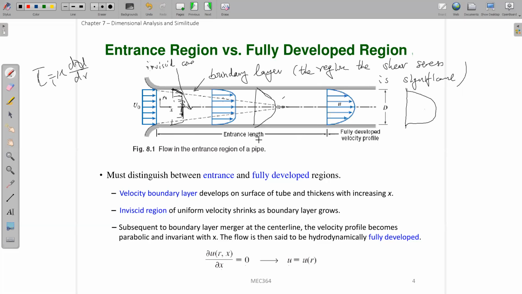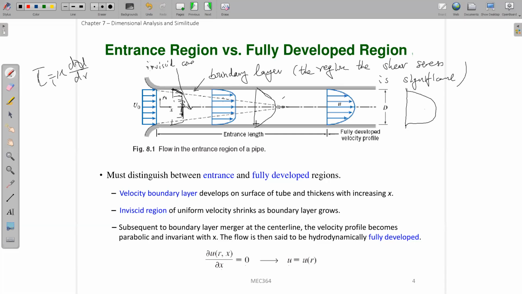On the other hand, if the entrance length is very significant compared to your full pipe length, then you won't be able to neglect the entrance effects. So keep this in your mind.